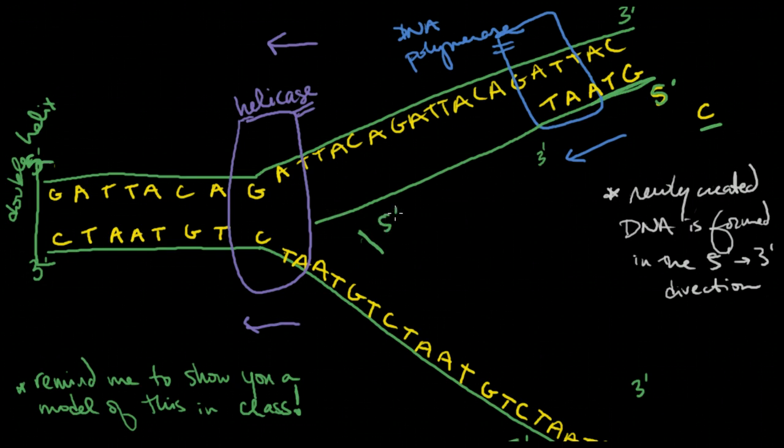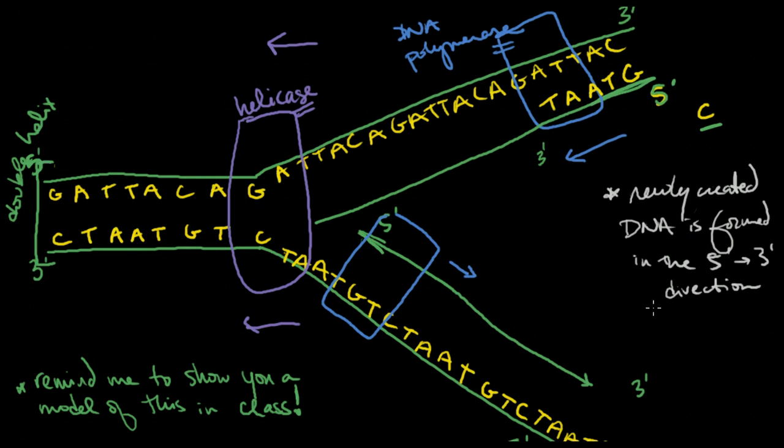So the DNA is actually going to be created in the opposite direction. So it's going to be going this way. So our other molecule of DNA polymerase will be traveling this way, adding in new nucleotides, base pairing, following the same rules of Chargaff, A's to T's, C's to G's as it moves down the line.